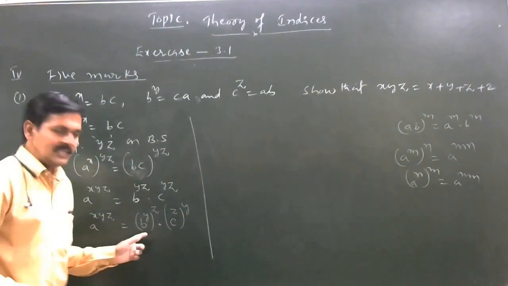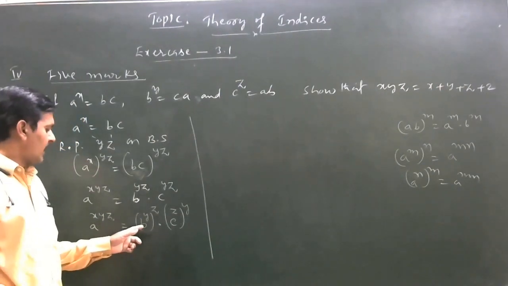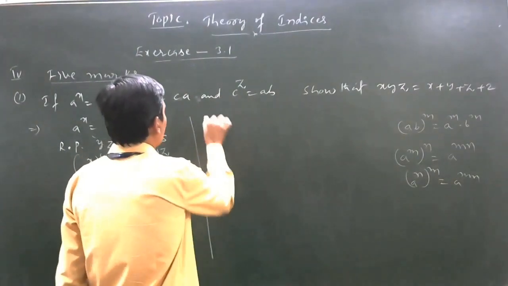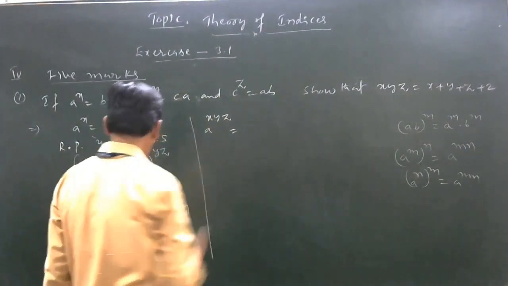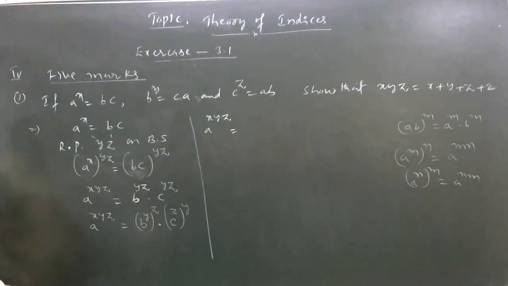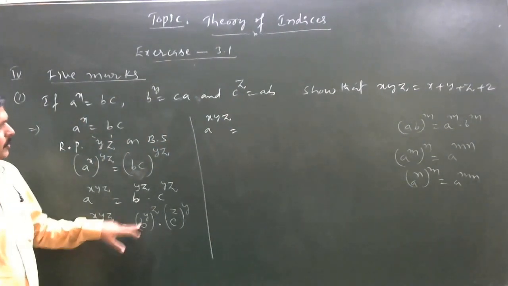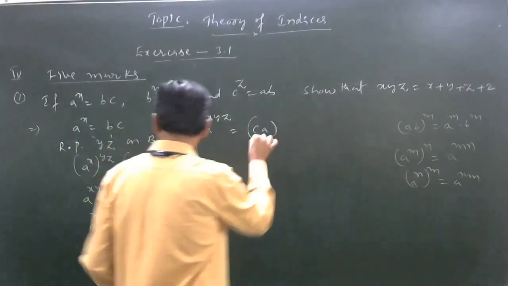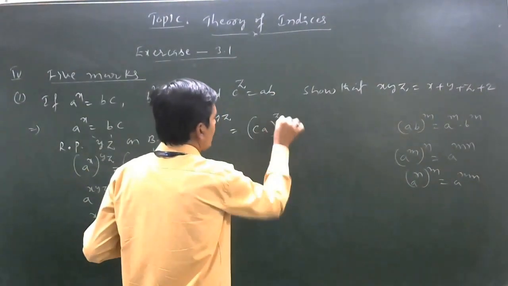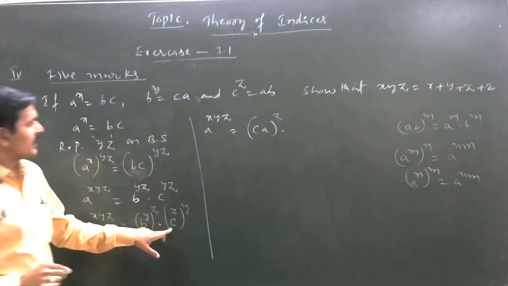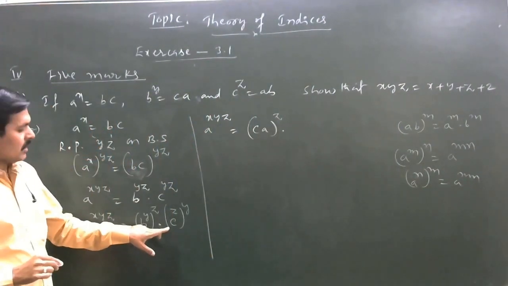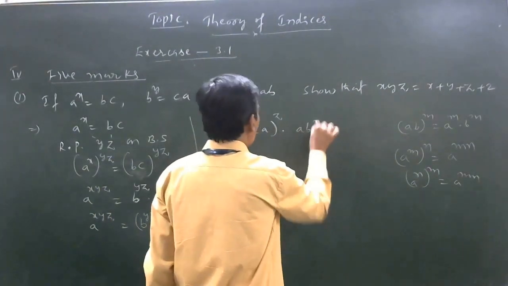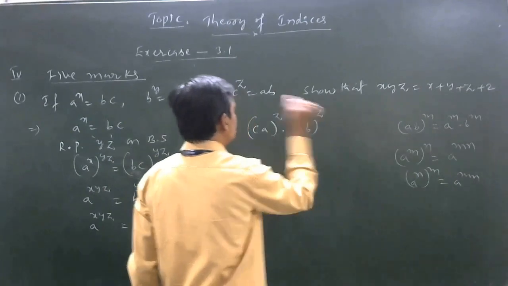Next, on the right side the base values are to be converted. a power xyz is equal to b power y, by data, what about the b power y value? ca whole to the power of z. Next, c power z, by data, what about the c power z value? ab whole to the power of z.